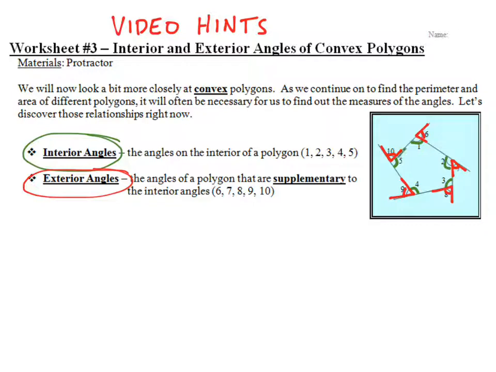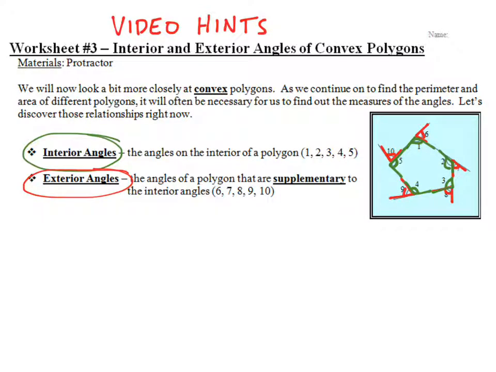And the ones in green are the interior angles. Okay? So make sure that you really are able to identify what each type of angle is. That's going to really make doing these problems and doing this packet much easier.